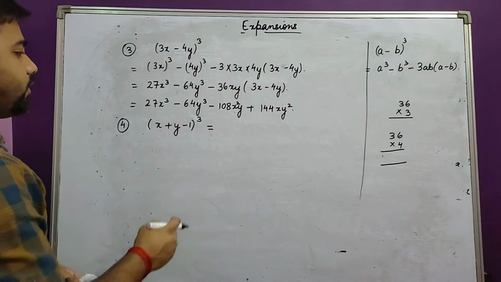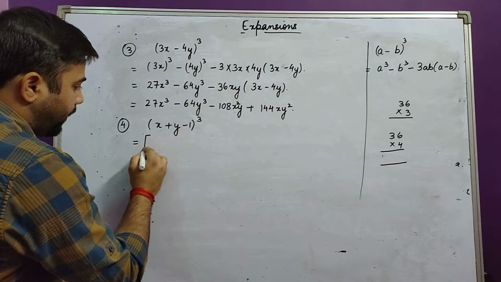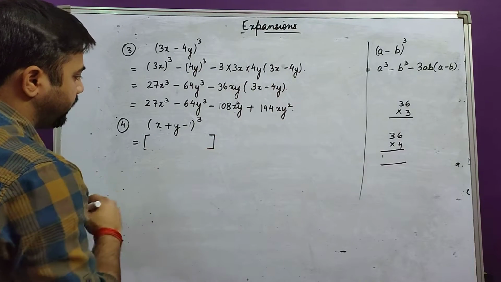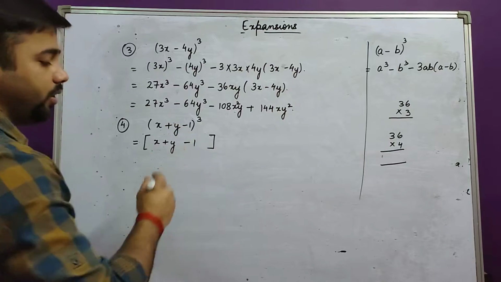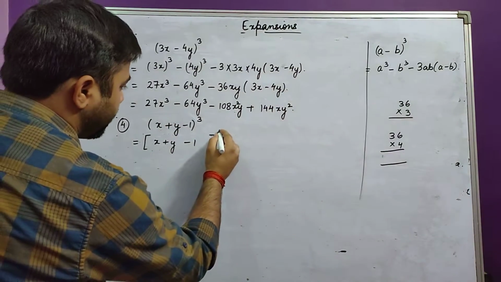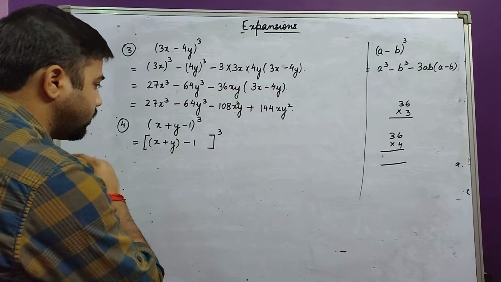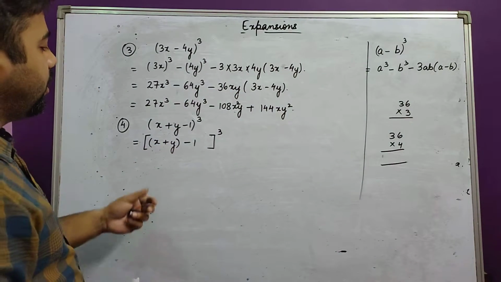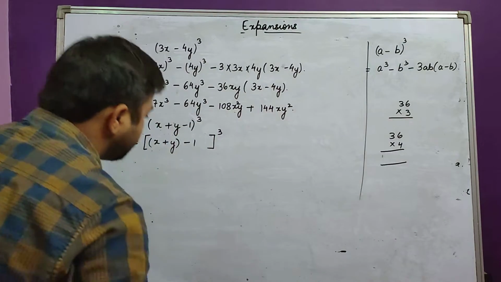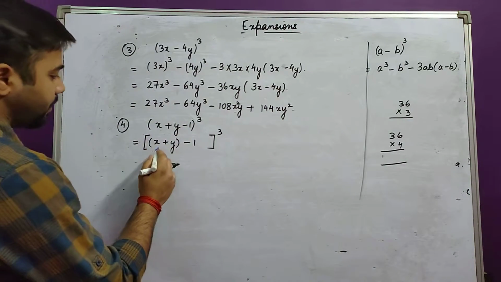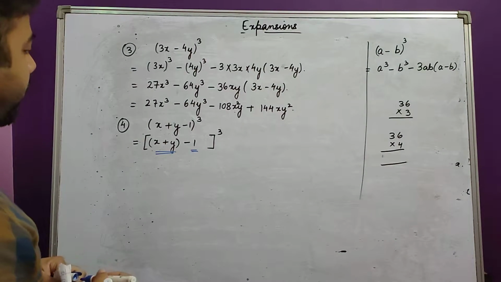So what we can do is put a bigger square bracket, write x plus y, and write the cube sign. Now it becomes the first term and the second term. Now we are going to proceed.